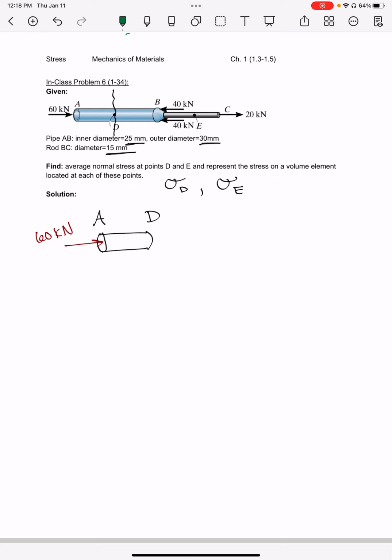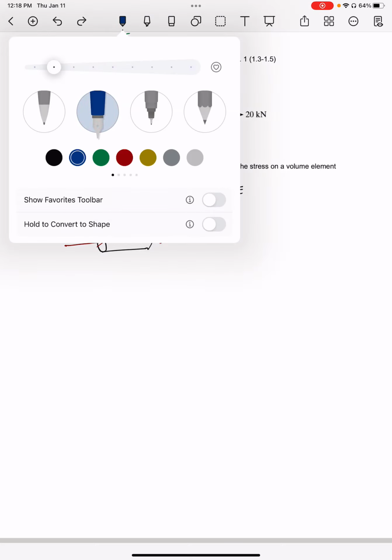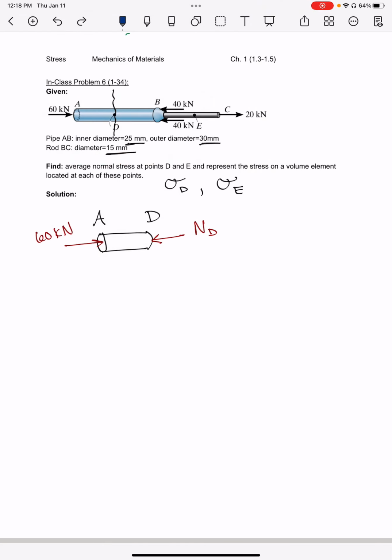And then the other thing that we have is the normal force at D. And so we're interested in the stress at D. So the stress at D equals the normal force at D over the cross-sectional area. So we need the normal force.